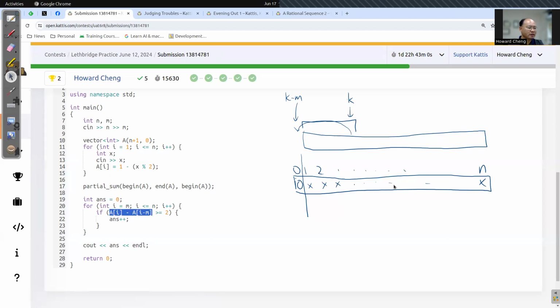If I'm looking at this window, I look at this partial sum entry minus the one just before it. And if that's bigger than or equal to 2, that means I have at least 2 even numbers. That's when I increment the number of such windows. And then at the end, I just print out the answer.